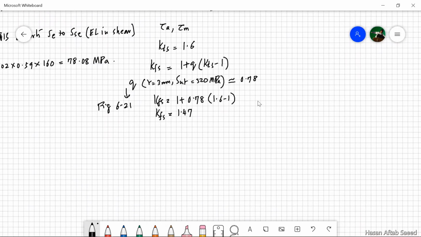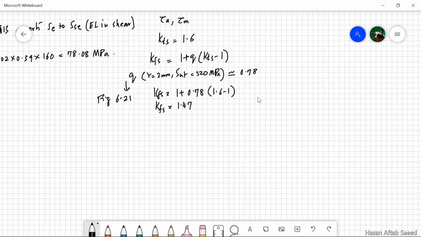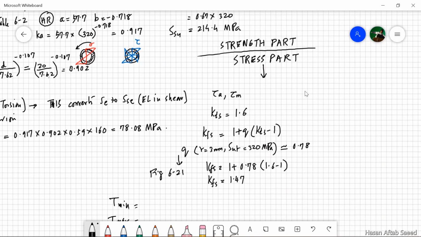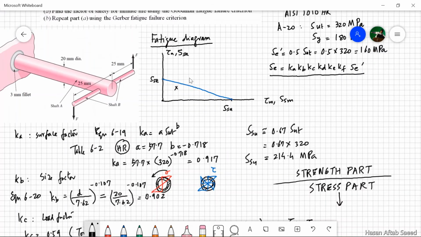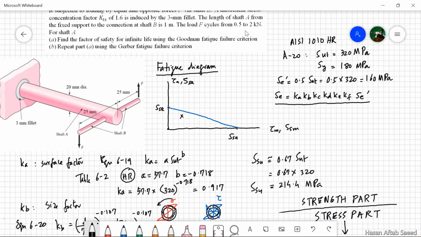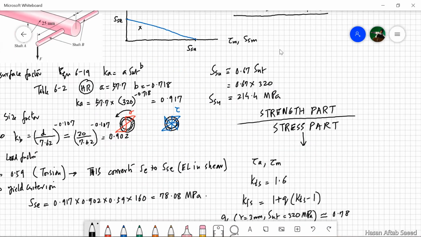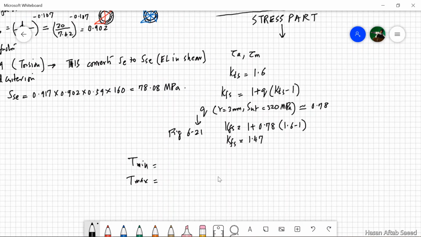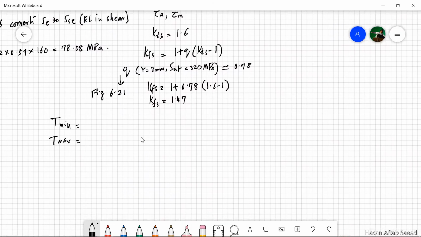Now we come to the maximum and the minimum torques, Tmin and Tmax. Now if we come to the figure, it's very simple. Force multiplied by this moment arm, so this is 50 millimeters, and force varies from 0.5 to 2 kilonewtons. So we have two values of force and therefore two values of torque.